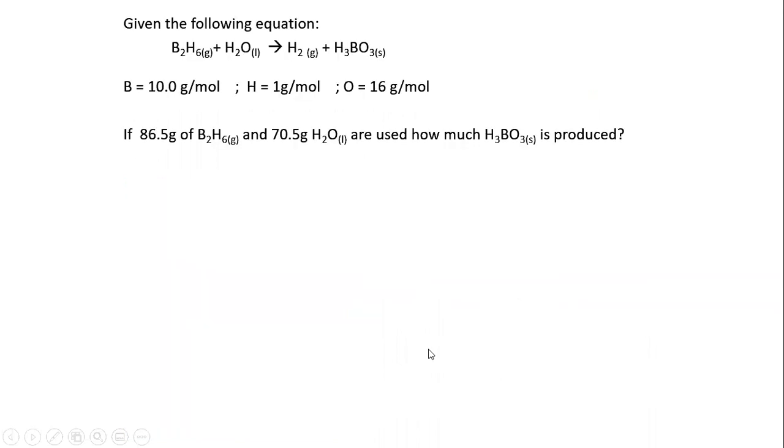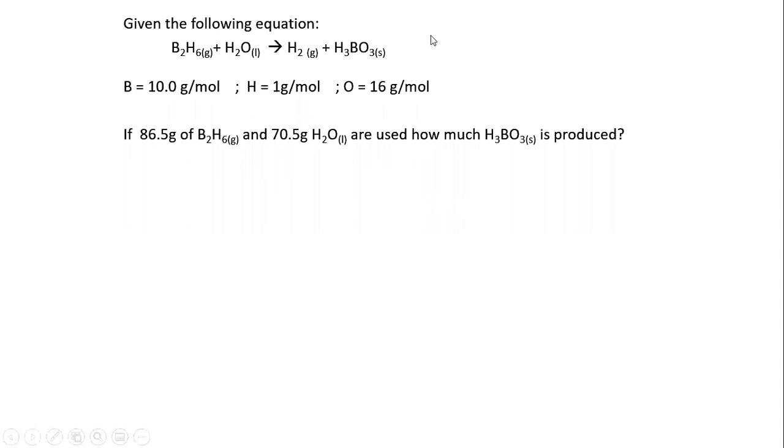So here we have another example. We have the reaction of B2H6 plus H2O gives us H2 plus H3BO3. And if we use 86.5 grams of B2H6 and 70.5 grams of water, how much H3BO3 is produced? Oops, wrong button.